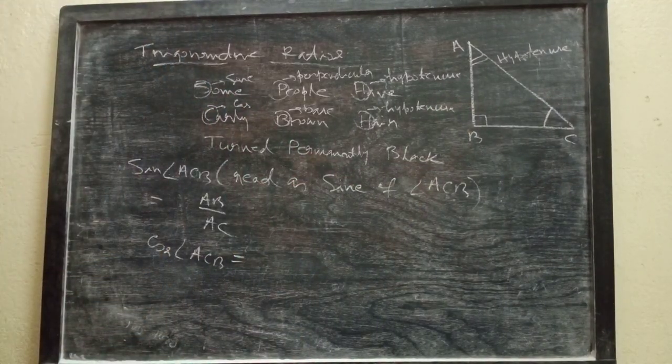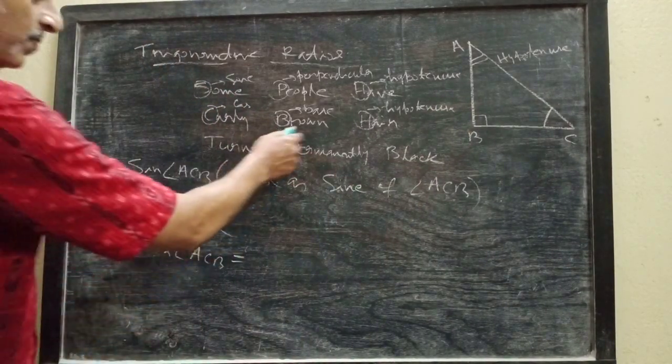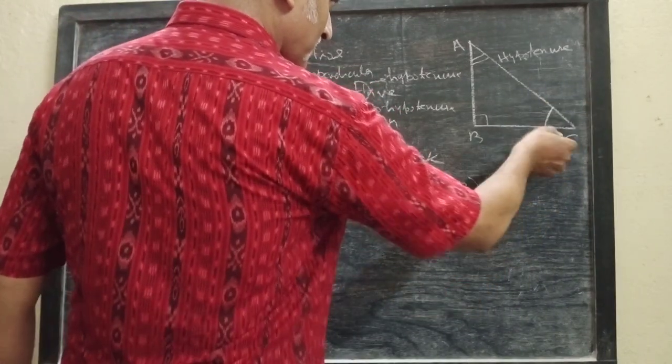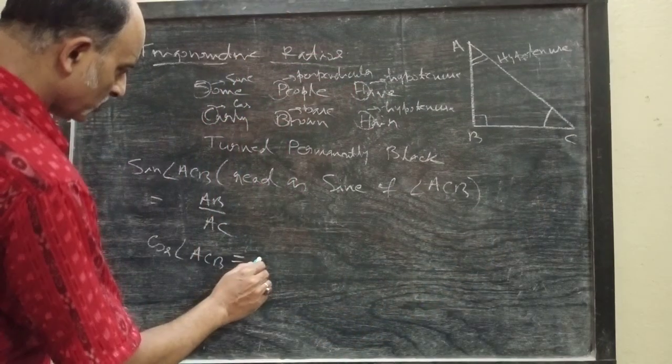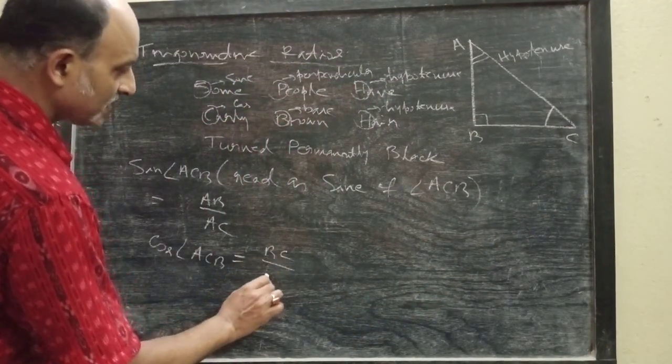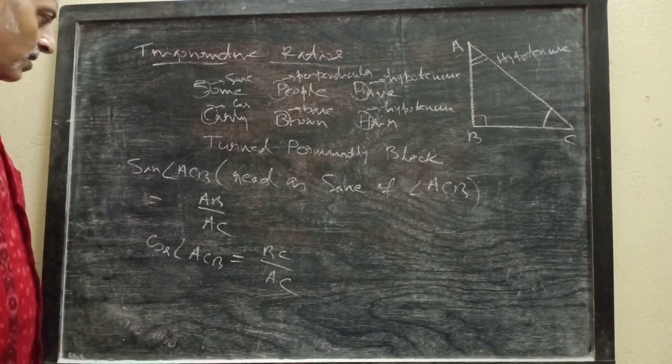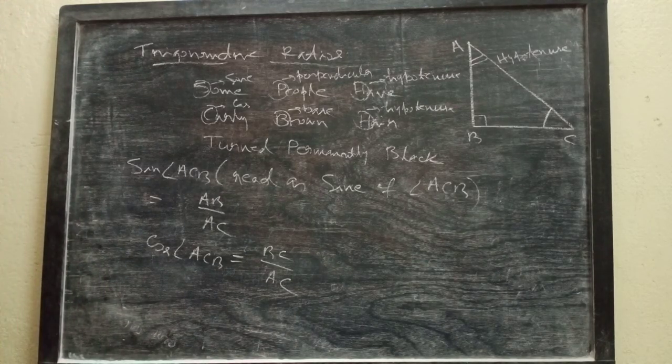So what will be cos of angle ACB? This will be B by H. What is base with respect to angle ACB? Base is BC and hypotenuse is AC. So cos of angle ACB will be BC by AC. Okay, we have got cosine of angle ACB. Next, tan of angle ACB.